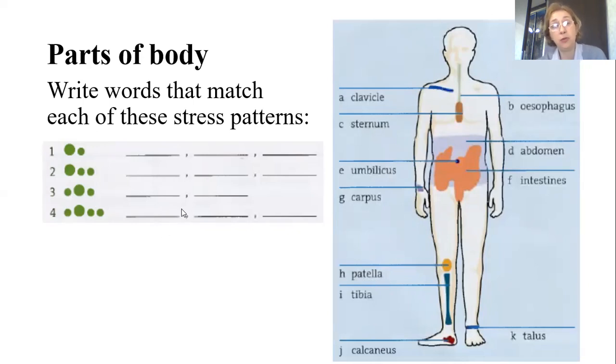So please, if you understand how to group the words, write all the medical terms which are presented on this diagram into one of the groups. Start, please. 3 minutes or 2 minutes for you to do this, okay?